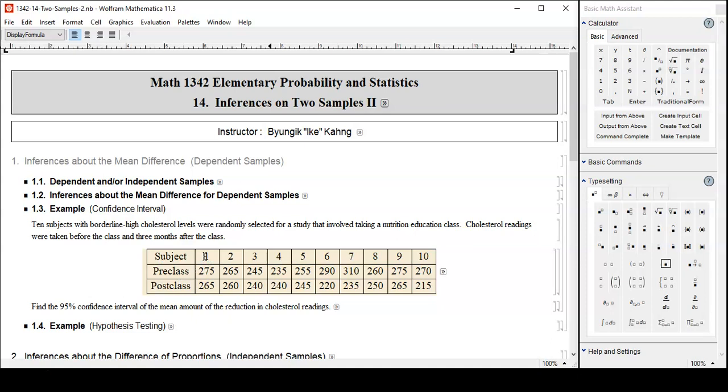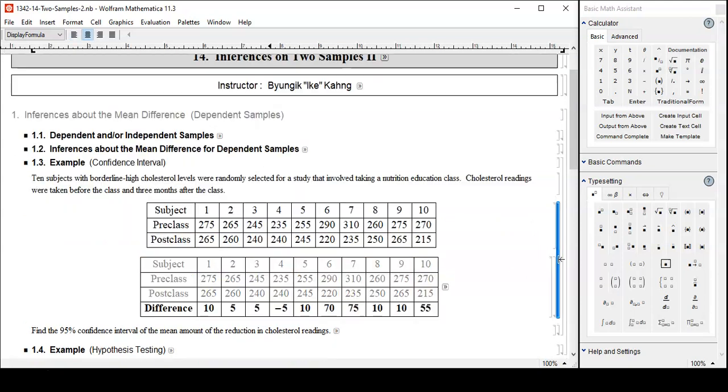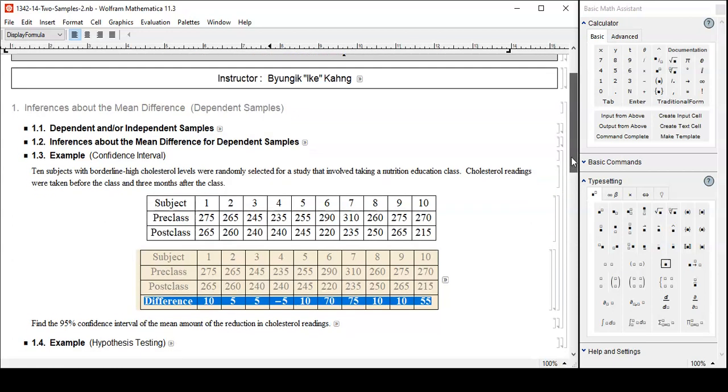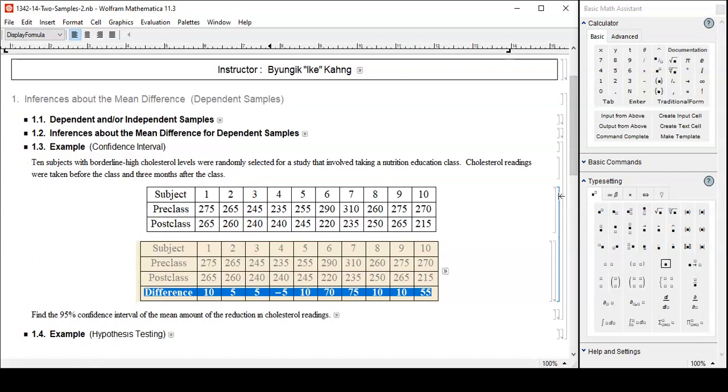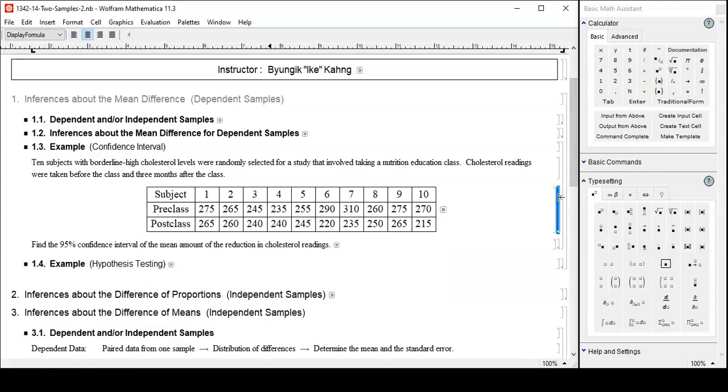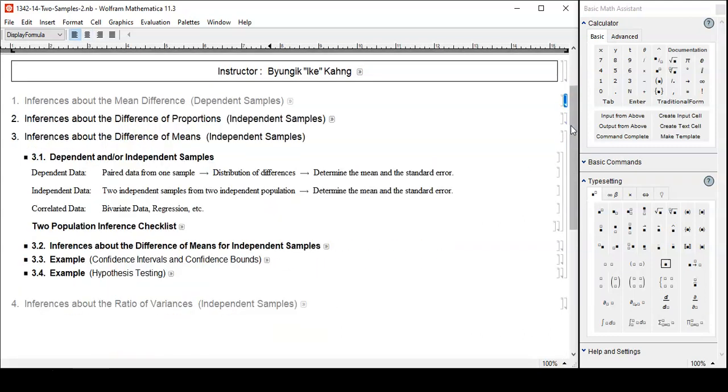So for example, subject number 1, this pair of data, subject number 2, this pair of data, and so on. Therefore, we can simply subtract one from the other, and we end up with a single sample. So we end up with a one-sample inference problem. And this is a case for two completely dependent samples.